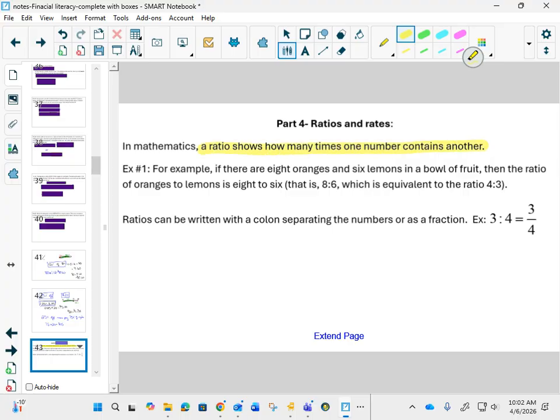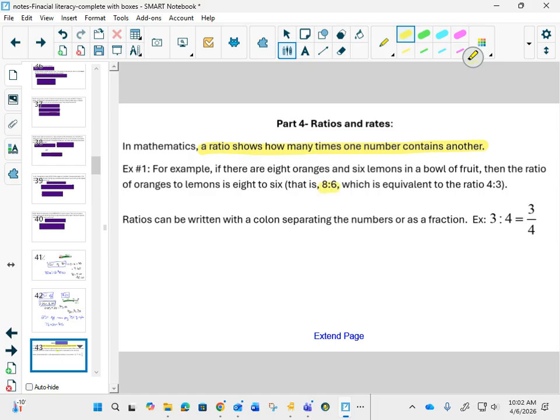a ratio is a comparison of numbers that shows how many times one number contains another. For example, if there are 8 oranges and 6 lemons in a fruit bowl, the ratio of oranges to lemons is 8 to 6. And we can write a ratio like this.